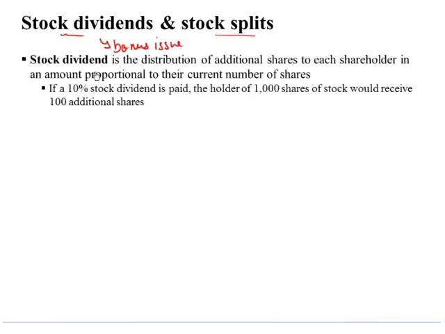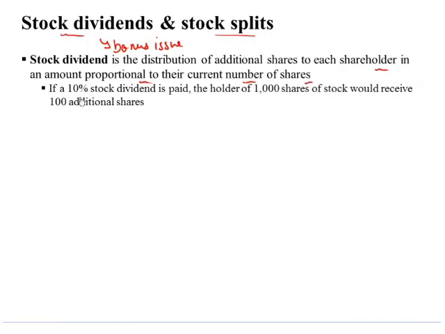Now let's try to understand what happens when the company announces a stock dividend or a stock split. Stock dividend is sometimes also called a bonus issue. So a stock dividend is the distribution of additional shares to each shareholder in an amount proportional to their current shareholding, or the number of shares.